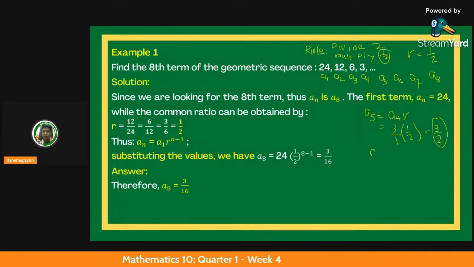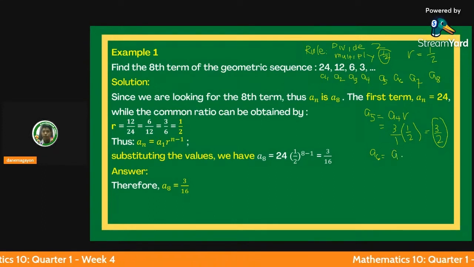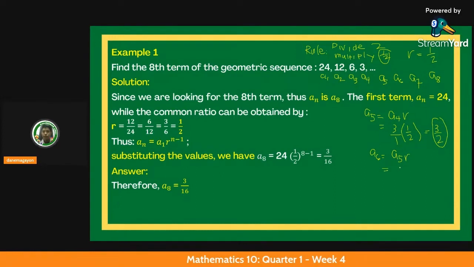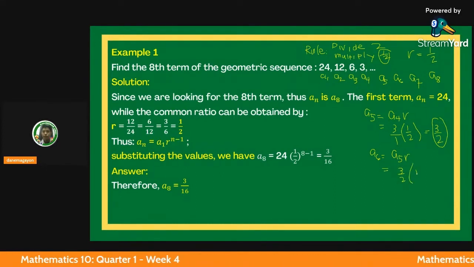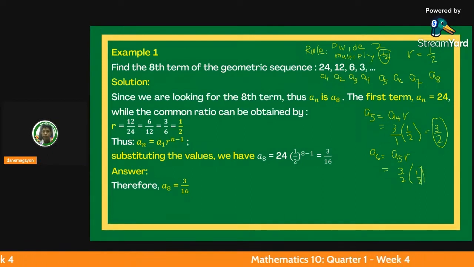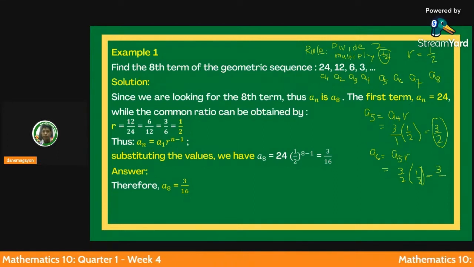And then, next natin, we have our a sub 6. Yung a sub 6 natin is, we have a sub 5 times r. Yung a sub 5 natin is, we have 3 halves. And then, yung r natin is, we have 1 over 2. Then, we multiply those terms. So, multiply yung 3 by 1 to get 3. You multiply 2 by 2 to get 4.